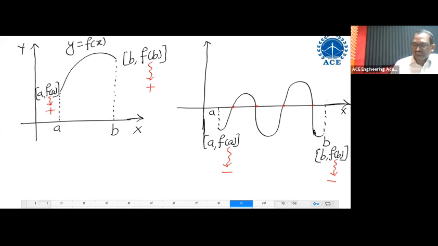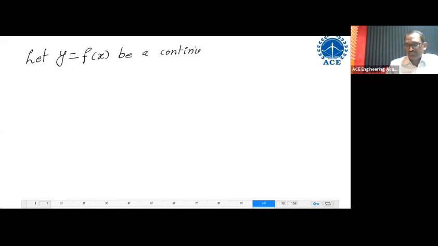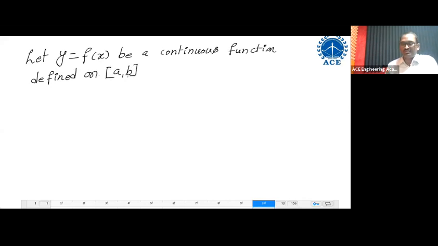Let us write that down. Let y is equal to f of x be a continuous function defined on the closed interval [a, b].